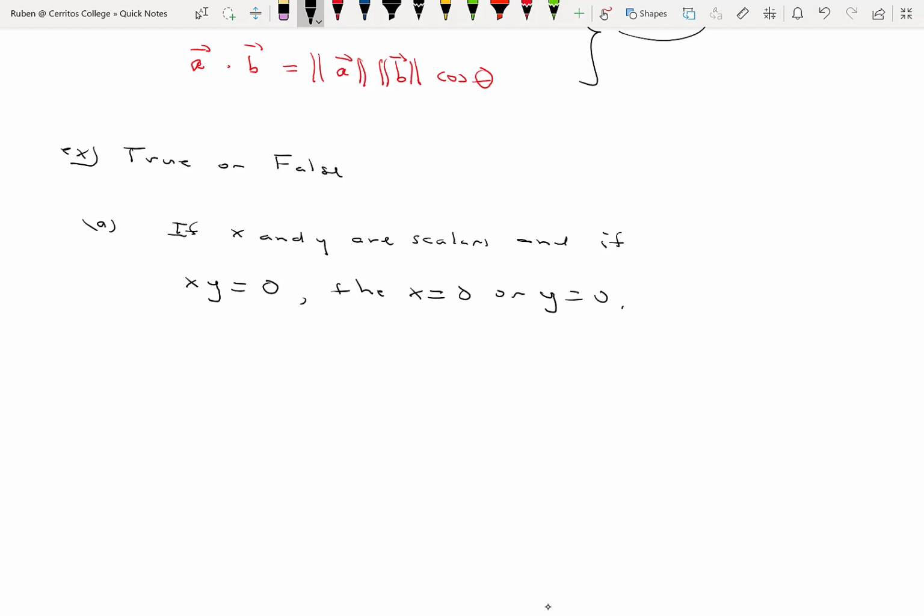This is not a true or false question that might arise in this course necessarily. It would probably arise in elementary algebra or pre-algebra. If you multiply two numbers to get 0, then one or both of those two numbers has to be 0. Of course, this is absolutely true.